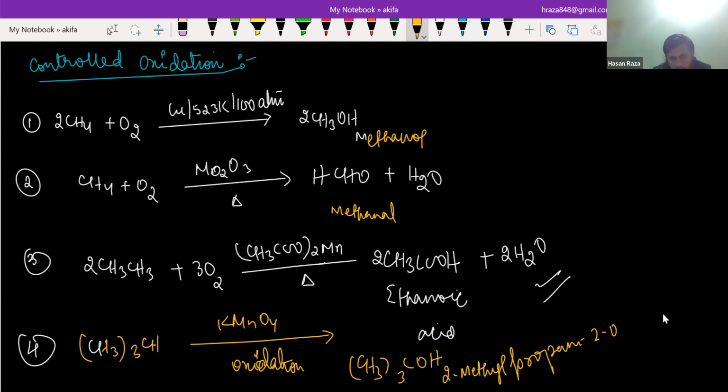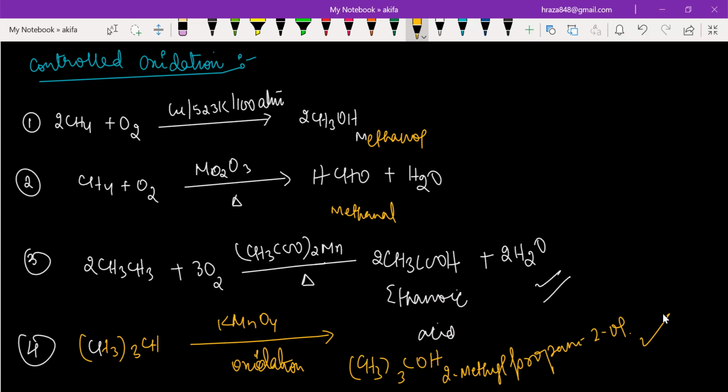You can write all these equations. These are all controlled oxidation according to situation or condition. We can have our different requirements fulfilled. Like if we need methanol in our chemical industries, we can have it by this process.